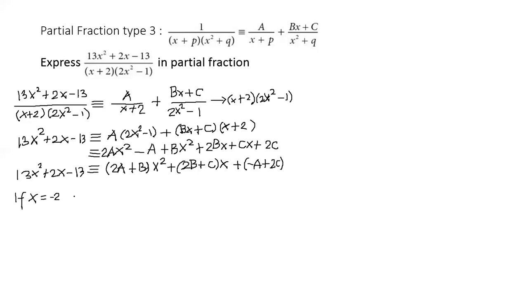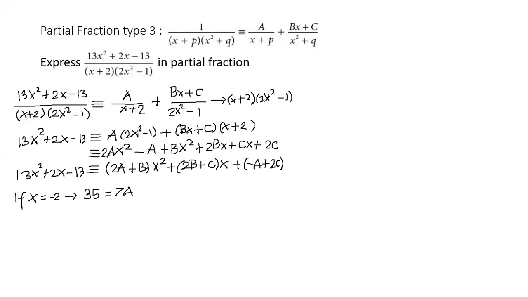It becomes 13 times 4, minus 4, minus 13, which gives 52 minus 17, 35. And on the right, 2 times 4, 8 minus 1, 7, so it means 7a.